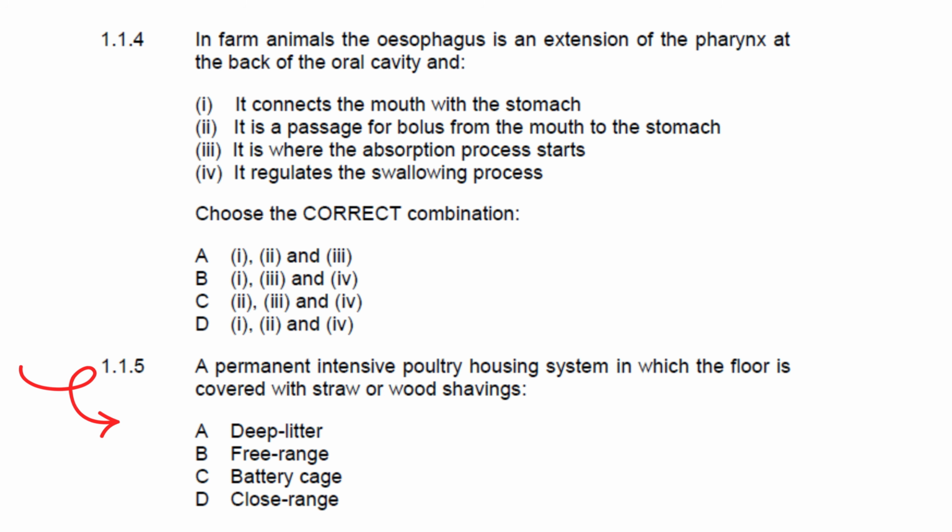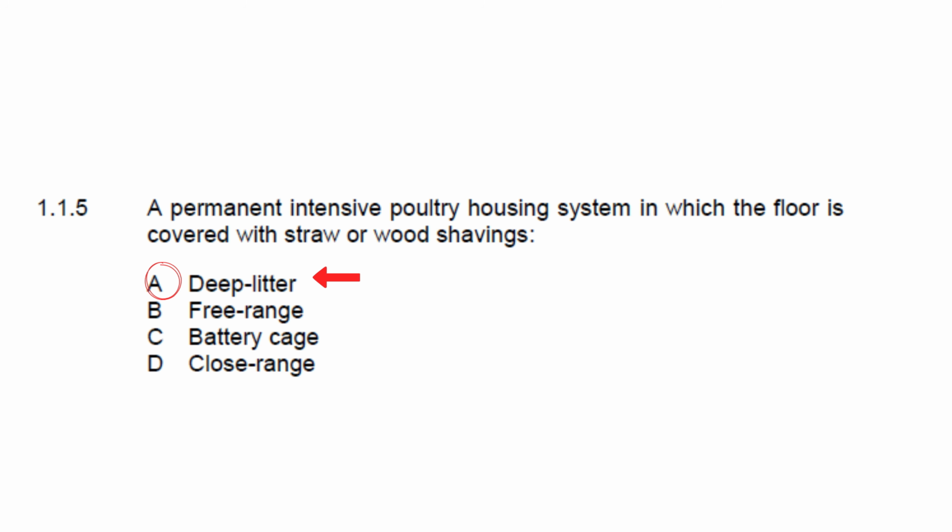The correct answer is deep litter. In deep litter systems, the bedding material absorbs moisture and waste, and it also helps to provide insulation and comfort for poultry.